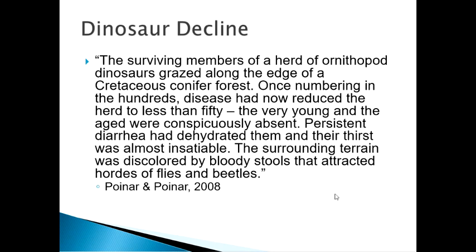You can read this here as well. It's very visual, very descriptive. Persistent diarrhea, insatiable thirst, bloody stools, hordes of flies and beetles. The description here is of dinosaurs that are truly suffering from a huge, huge parasite and disease load.